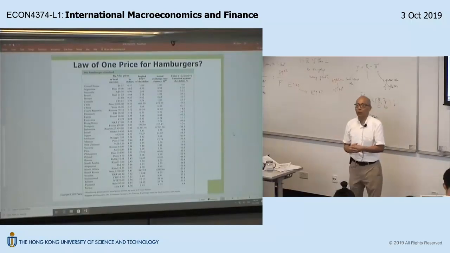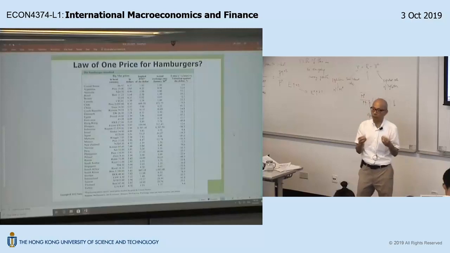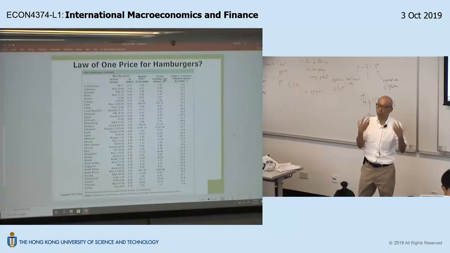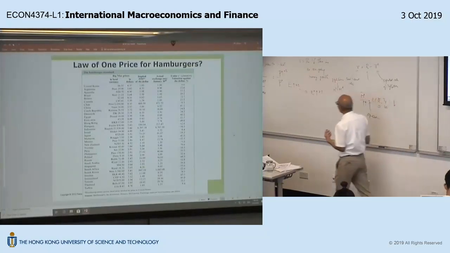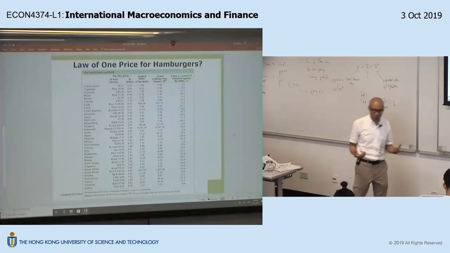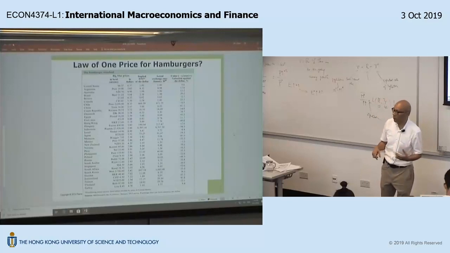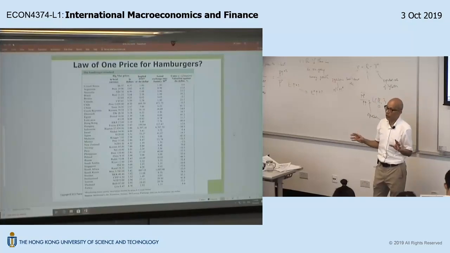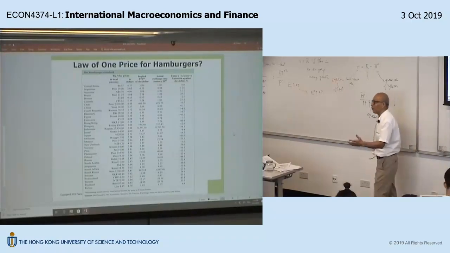The representative basket will be the price index, like the consumer price index. If you use the price index in place of the price of goods, that is called absolute PPP, absolute purchasing power parity. But that, as you said, probably doesn't hold either, right?